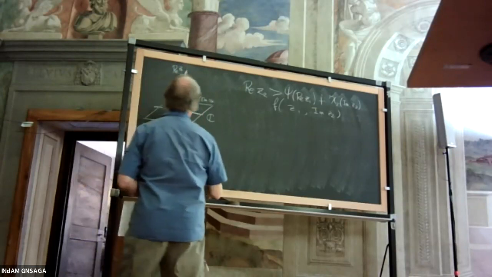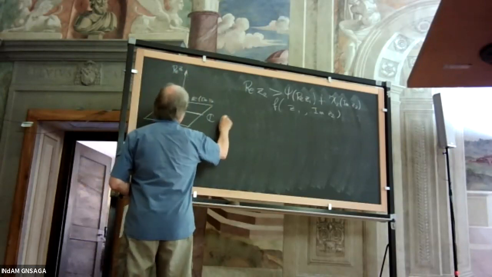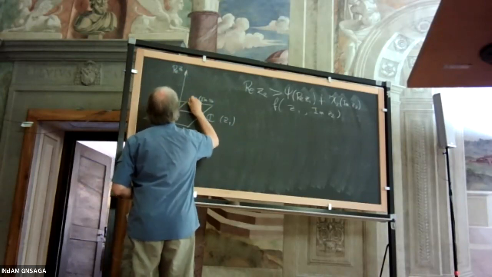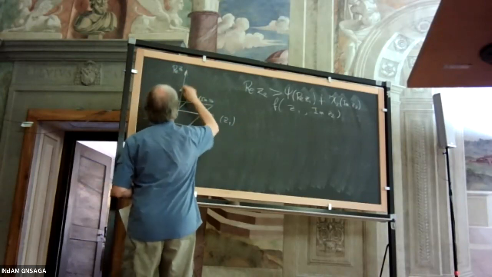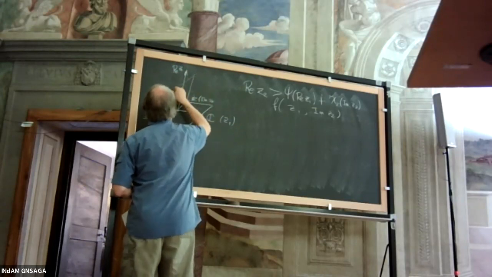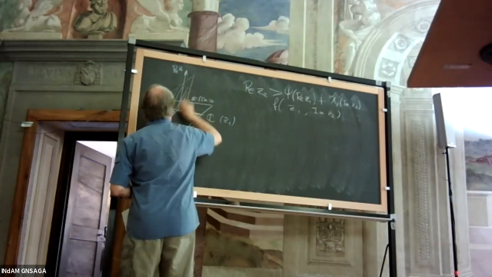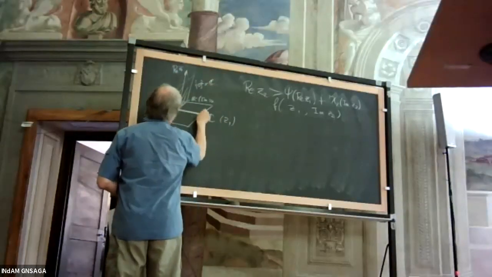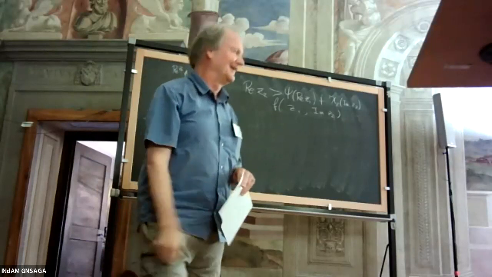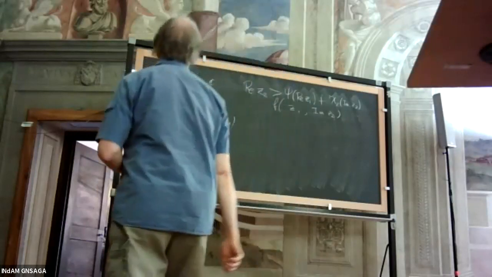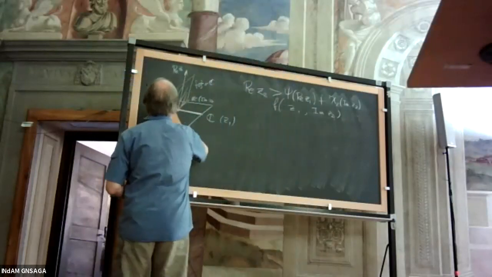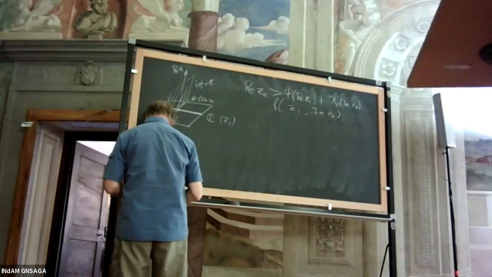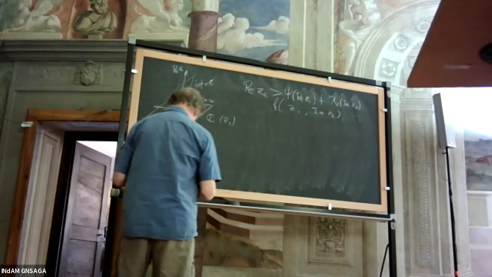So for the moment, this is imaginary part of Z2, and this is the real part of Z2. You see there is some unfairness here, that this represents a complex line. And now I will draw two examples.